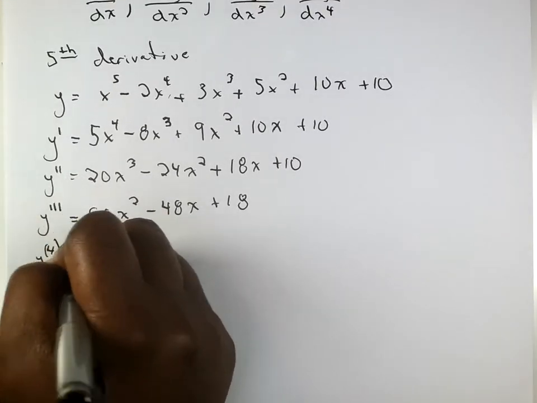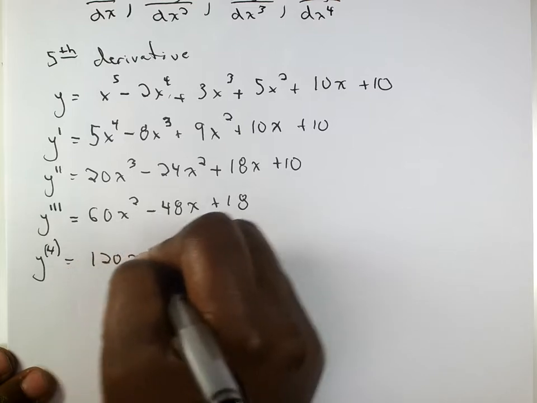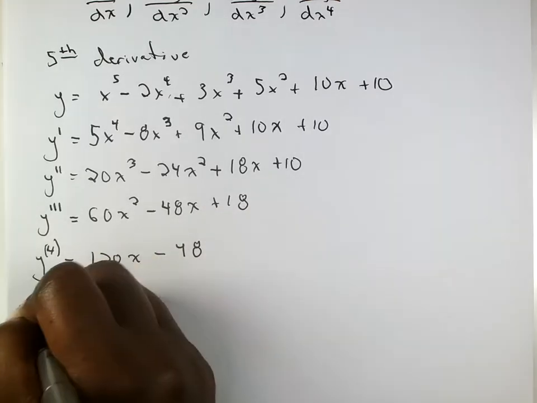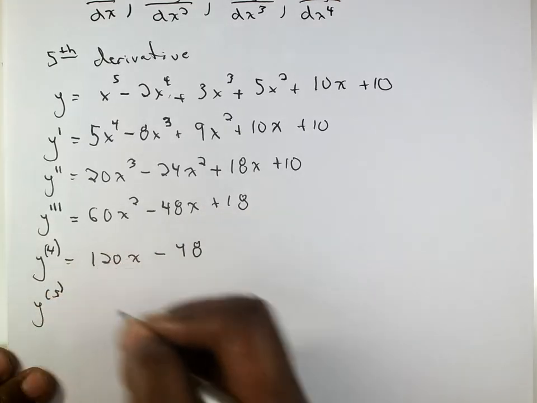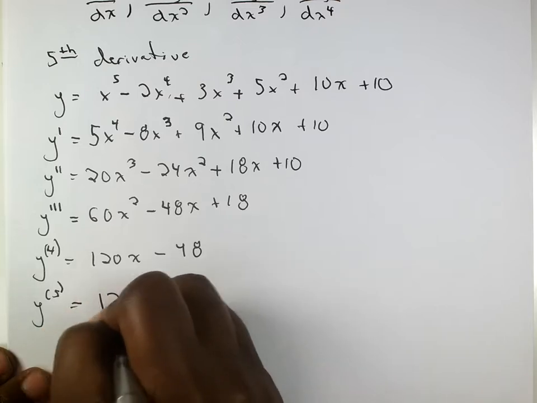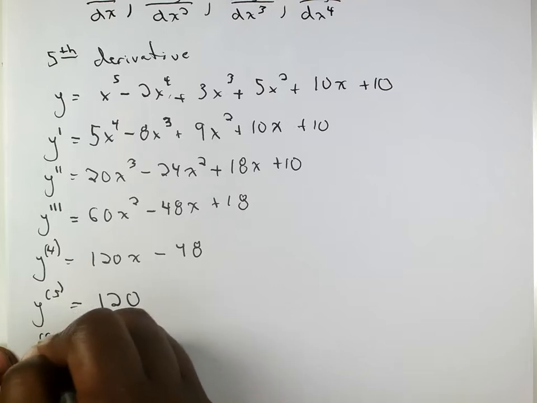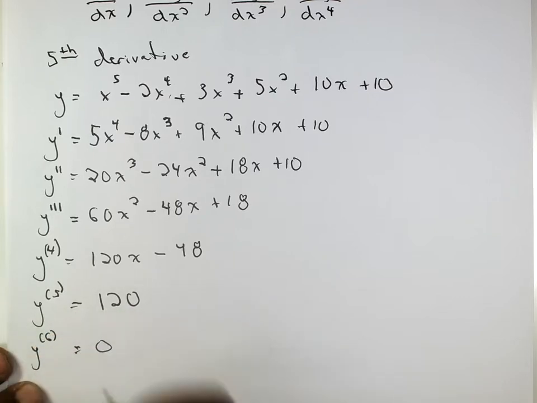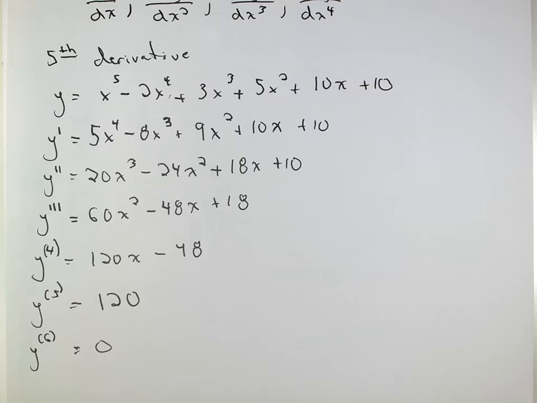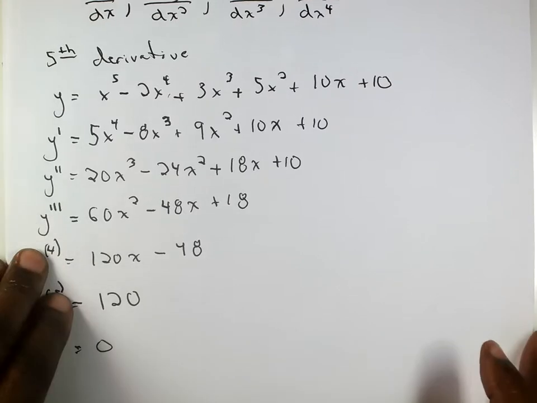My fourth derivative, I get 120x minus 48. And then the fifth derivative is just 120. The sixth derivative would be 0 for this one. So we're going to talk about some applications of when you have higher order derivatives in just a bit.